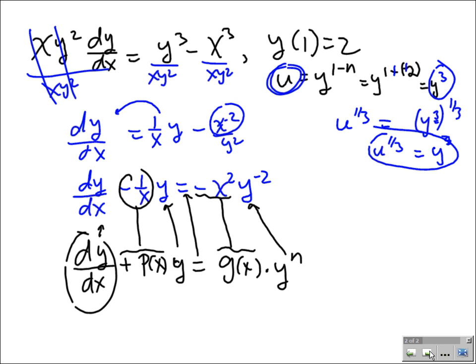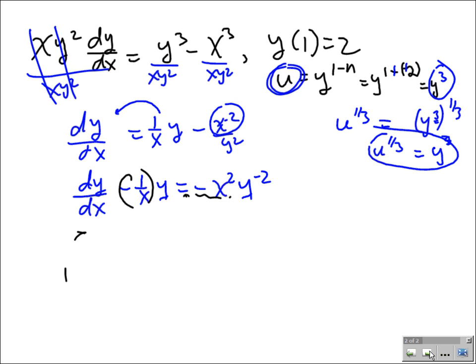Okay, I'm going to get rid of this. Here you're going to get 1/3, taking the derivative, 1/3 u, make that power 1 less. You get negative 2/3 du dx is equal to the derivative of y, which is dy dx.